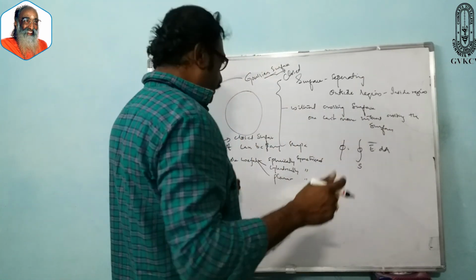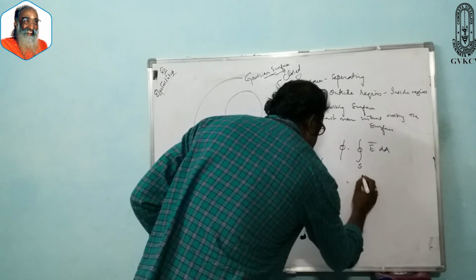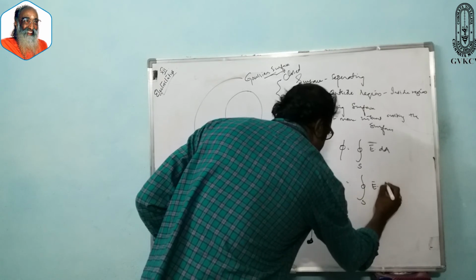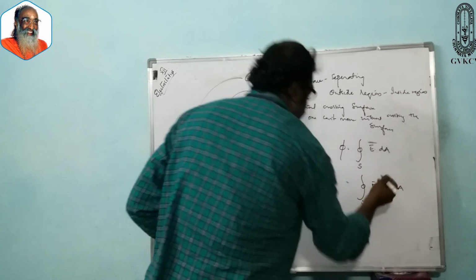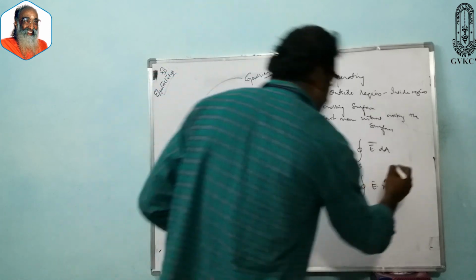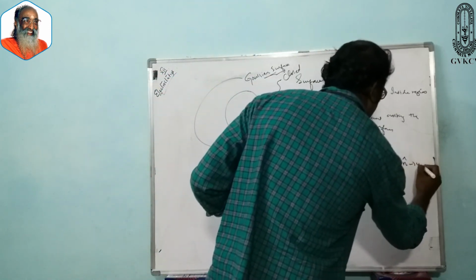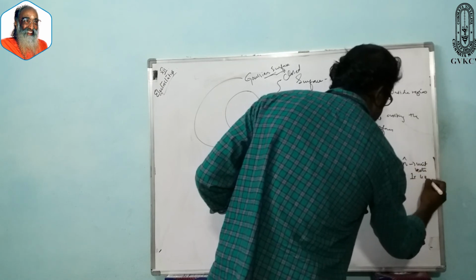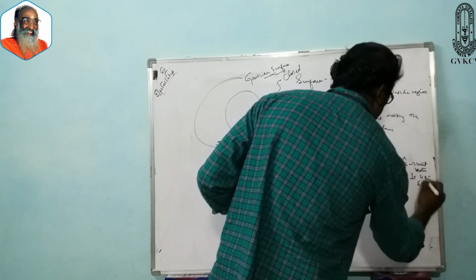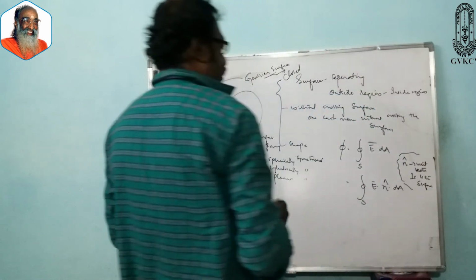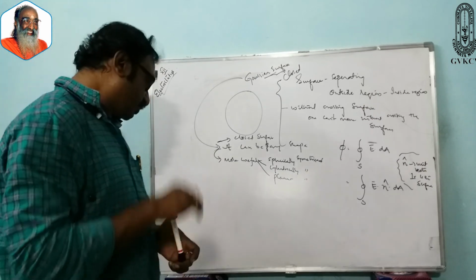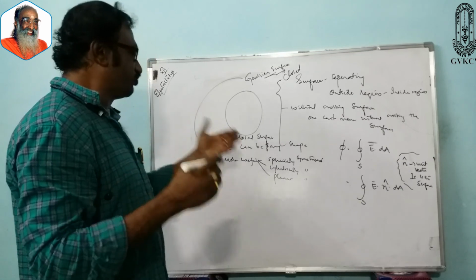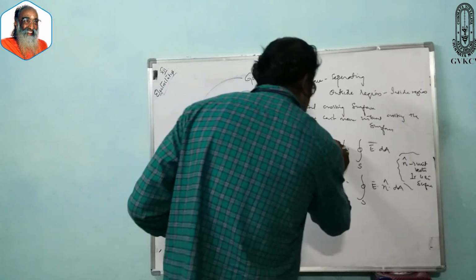This can also be represented in another manner: the integral over the closed surface S of E n cap dA. In addition, we have added n cap here. This n cap is a unit vector perpendicular, or normal, to the surface.